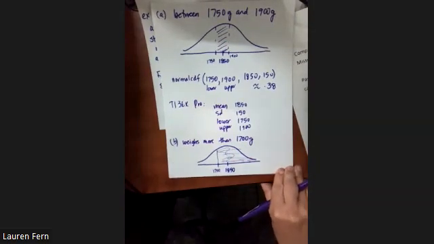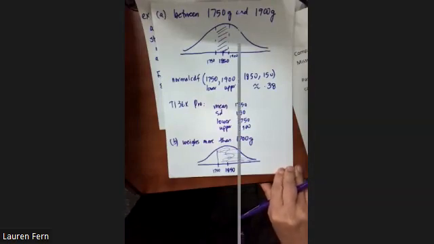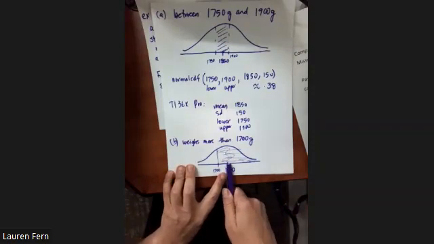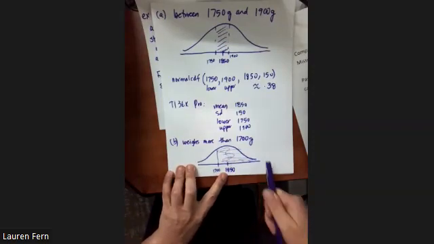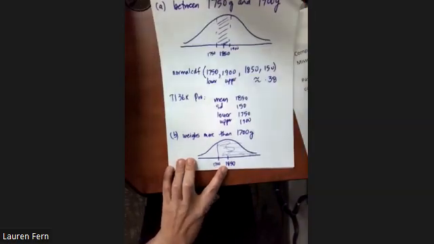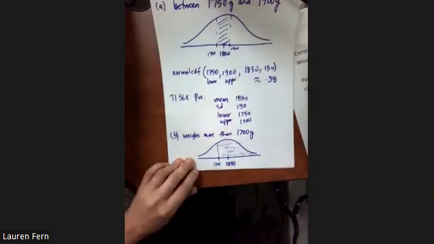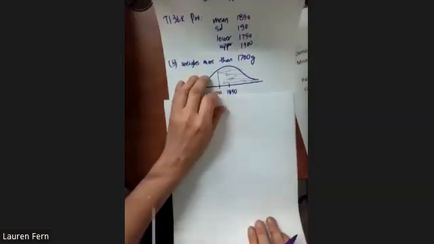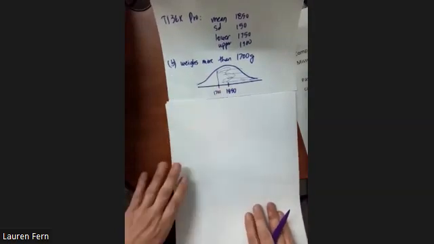Now, why do I draw a picture? Because in the back of my head, I'm thinking to myself, it's certainly going to be more than 50%, right? Because 50% is from the mean on over to the right. So how do we do this? This goes back to when we were talking about the interval notation in class last Friday.